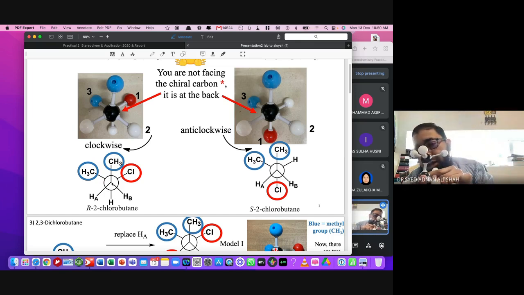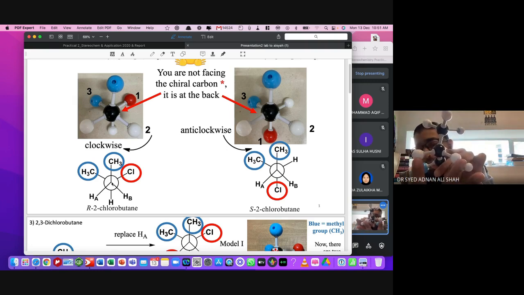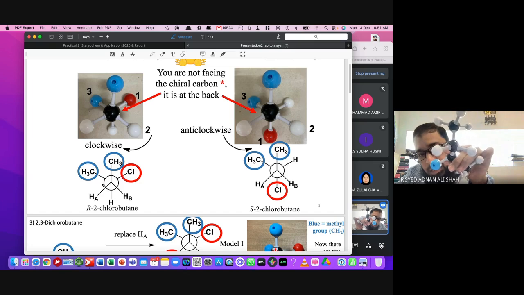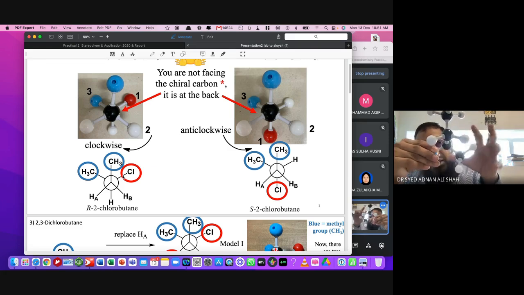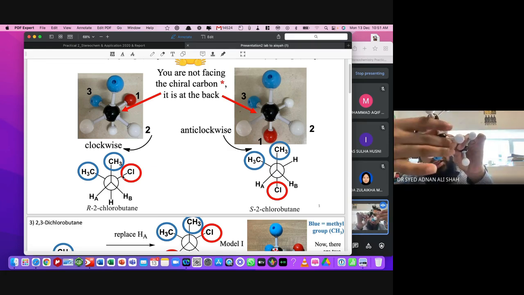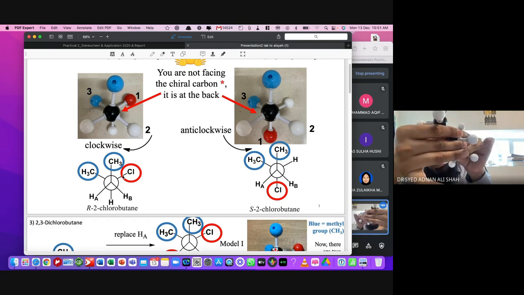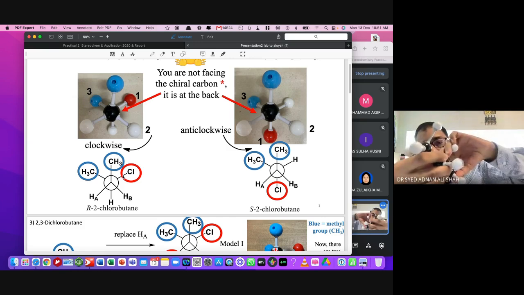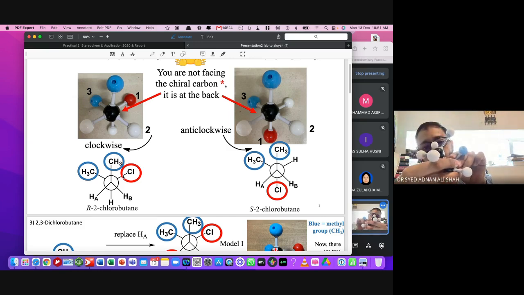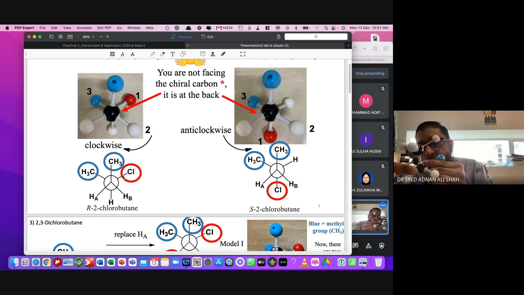You can see this carbon, and this carbon, and then this one is CH2, and this one is CH3. And at the back, you can see these lines coming: this one is the chloride, this one is the hydrogen, and this one is the CH3. That's how you can see the model looks.